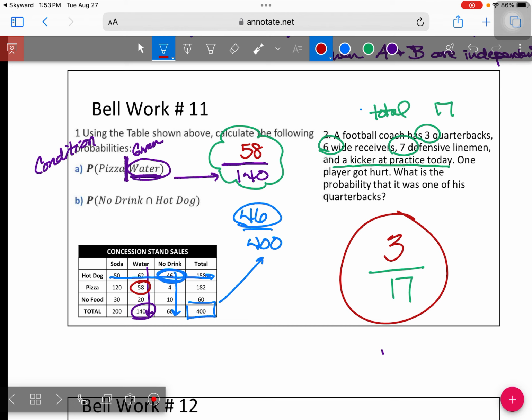Any questions on the Bellringer? How many more Bellringers do you guys have? 1 or 2? Is there one on the back too? No. So just 1, right? Oh, on the original.